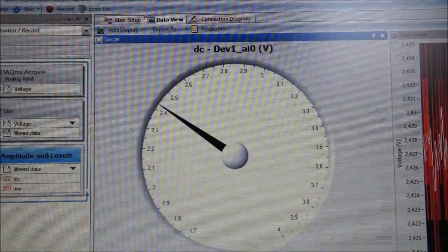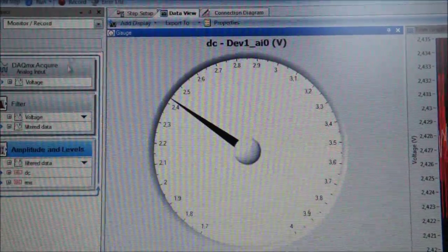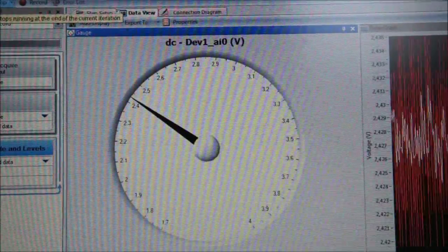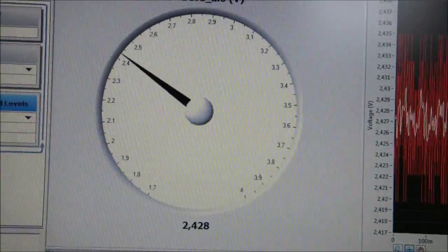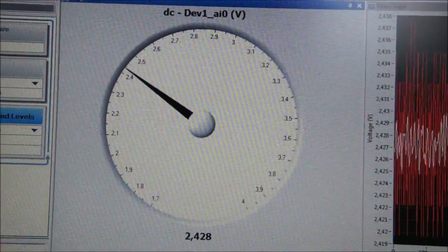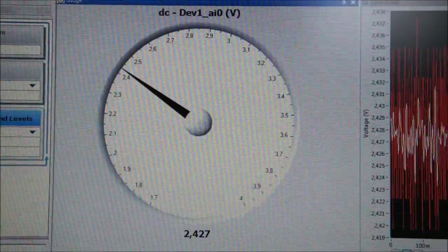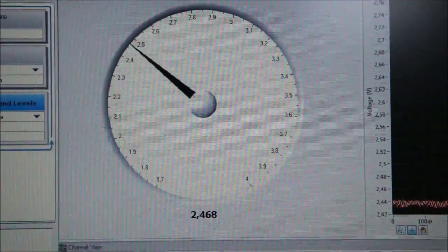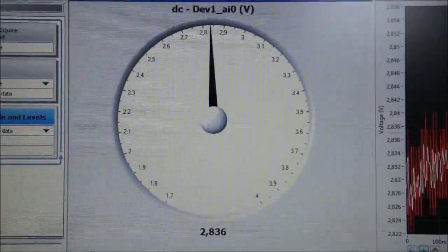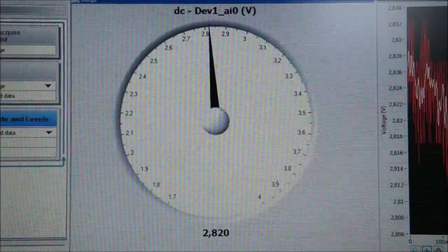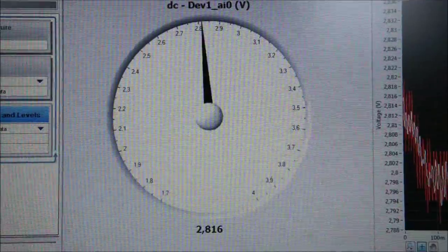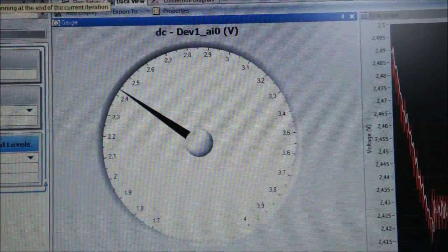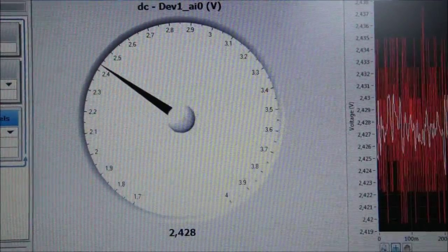Now, if I run the circuit, you can see the voltage output of the load cell, and if I apply the load in the positive way, you can see the circuit outputting a higher voltage level. If I unload the circuit, it returns to the 0 voltage level.